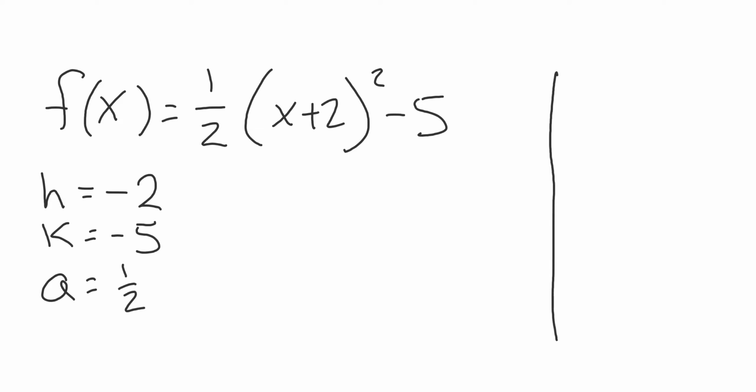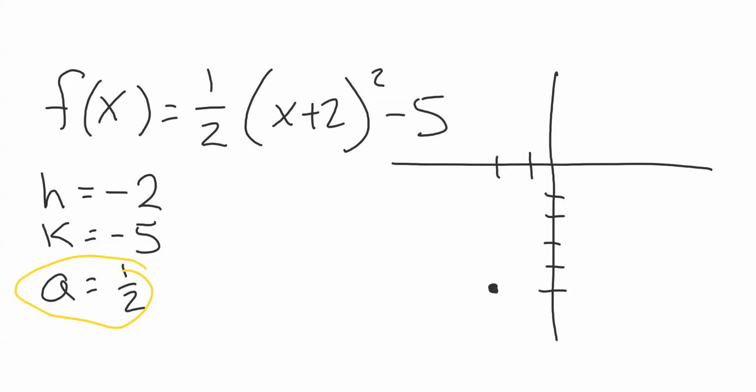So when we go to graph this, our vertex is going to be at -2, -5. So it's going to be here. And our a being 1/2 means that when we first step just 1 to the right, we are only going to increase by a 1/2.